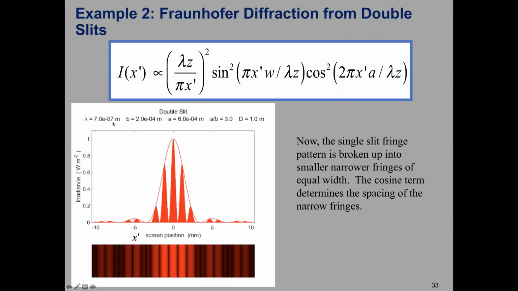I'm using a wavelength of around 700 nanometers here. Obviously, I'm taking this plot from a different source. B here is the width, B here is what I'm calling w.